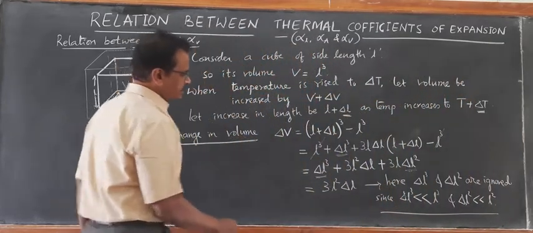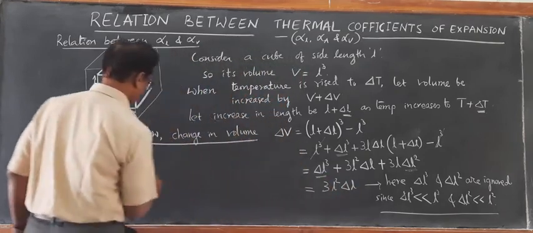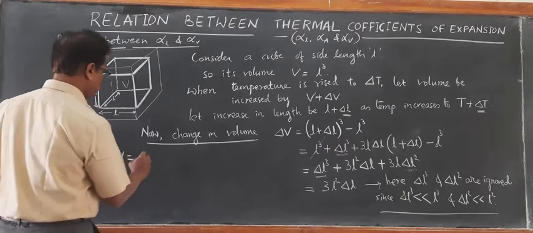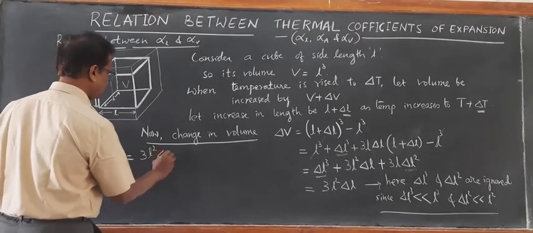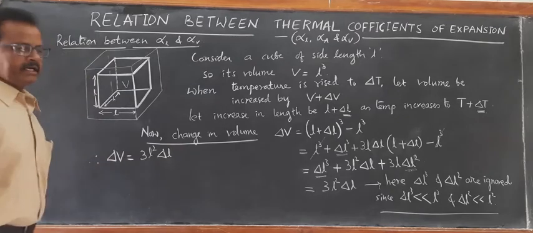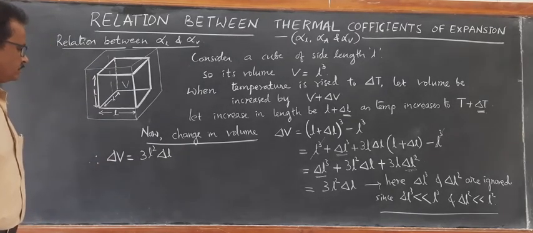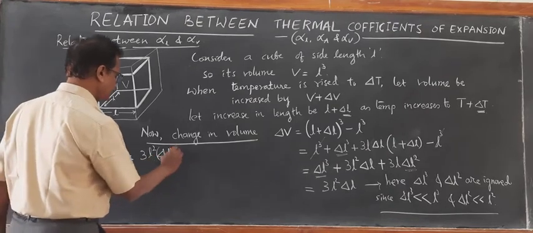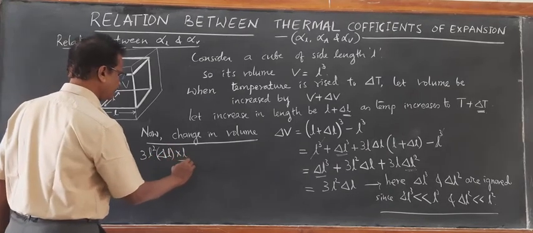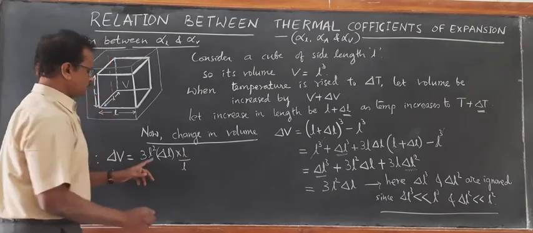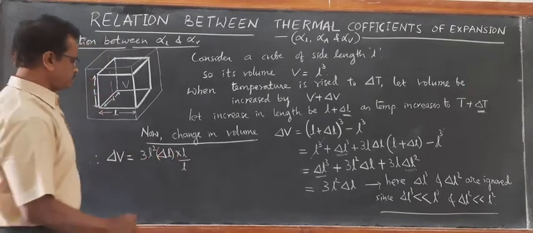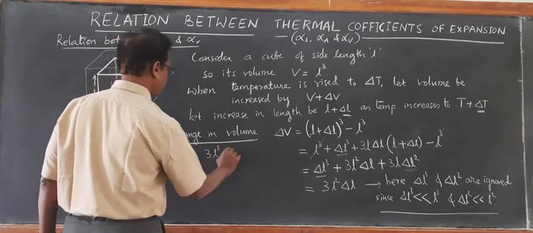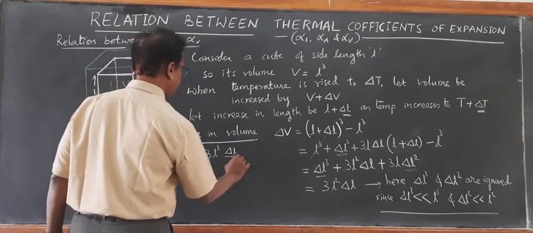So you are left with 3L square delta L. Therefore, the change in volume is equal to 3L square delta L. Multiplying and dividing by L, L square into L becomes L cube. So it becomes 3 L cube delta L divided by L.